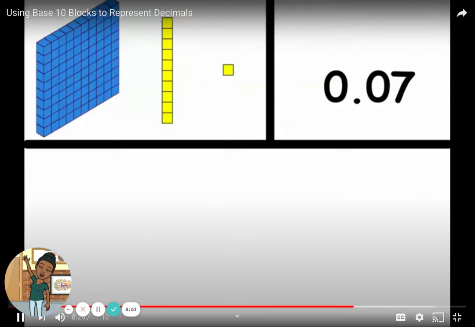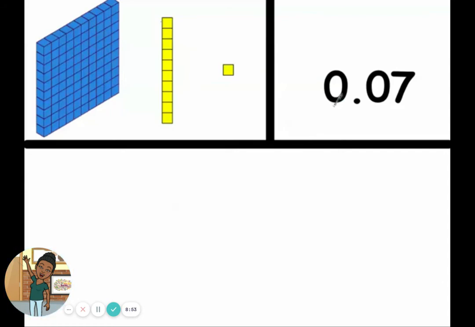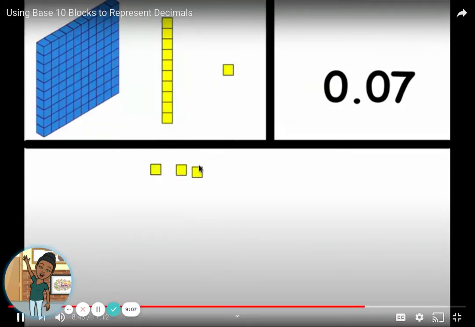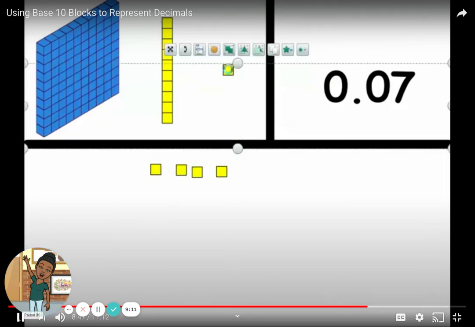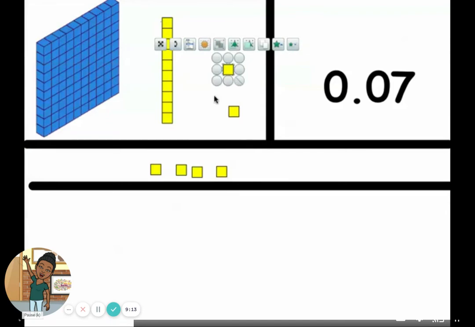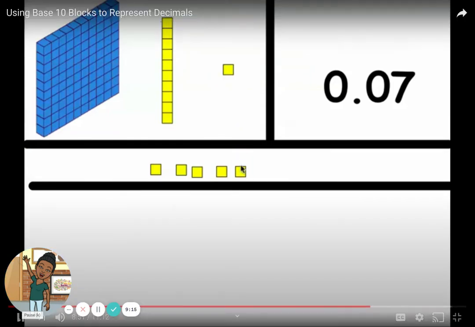All right, let's get one more practice with these. First thing we see, we have no whole numbers, so we know we're not going to use any of those. We have no tenths, so we're not going to use any of those blocks, but we have 7 hundredths. So let's represent that using 1, 2, 3, 4, 5, 6, 7.